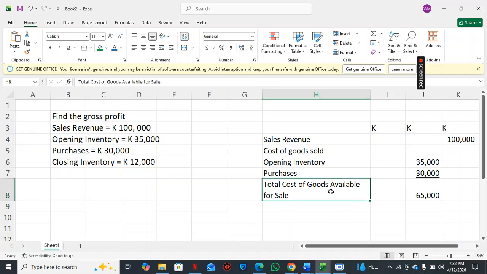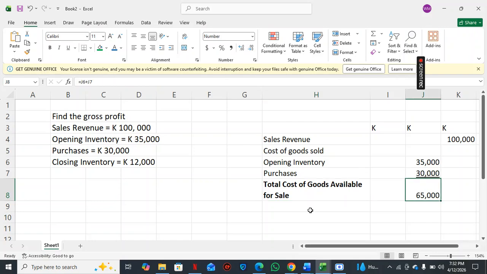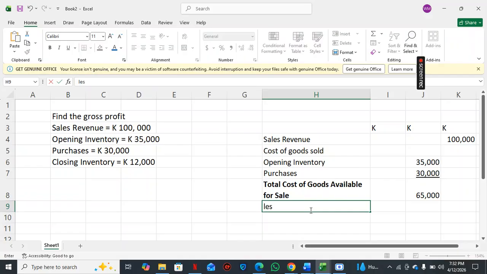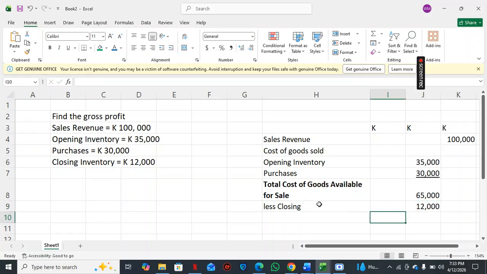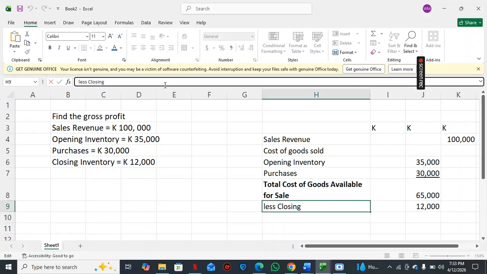So once we've got our total cost of goods available for sale, to get our cost of goods sold, you need to deduct your closing inventory. So say less closing inventory, 12,000. Because remember, colleagues, as I said, you cannot make profit out of goods that you haven't sold. That's why we need to deduct the closing inventory.